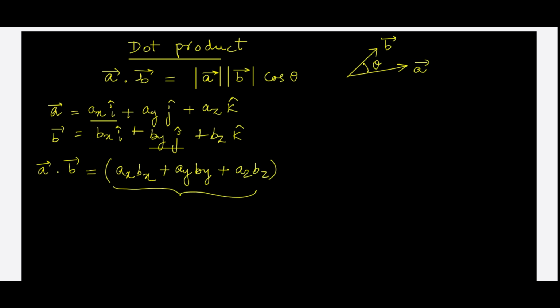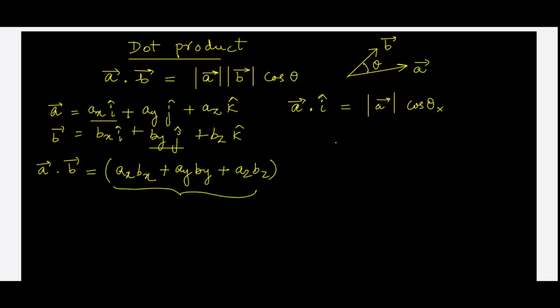So another interesting thing is, if you have vector A and you do a dot product with i cap, what is this? Magnitude of A, magnitude of i cap is 1, and cos of angle made by A with x-axis, which is cos theta x.